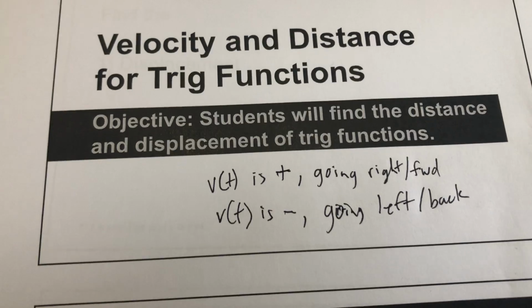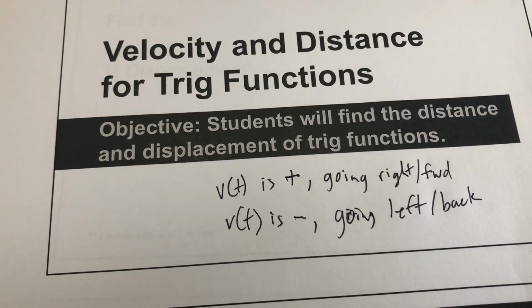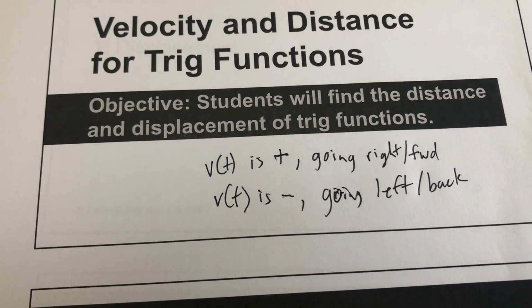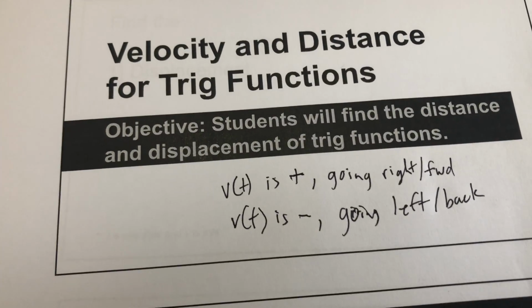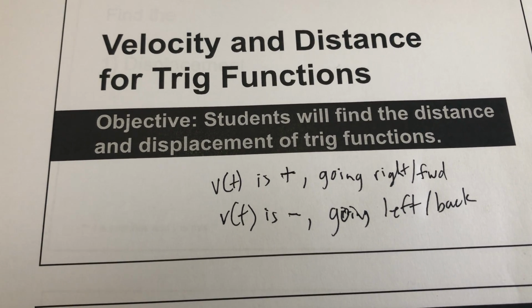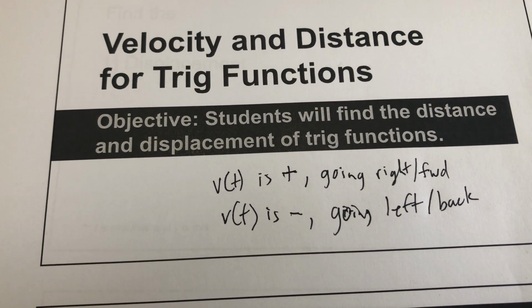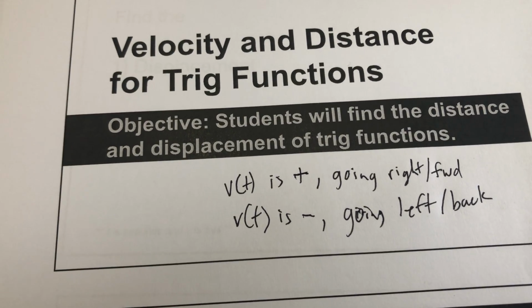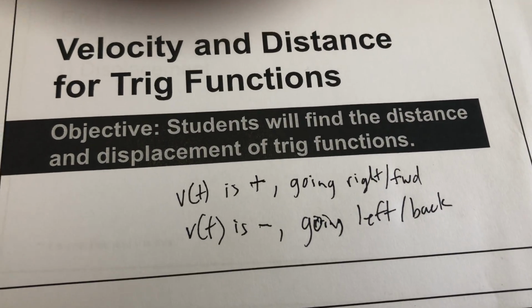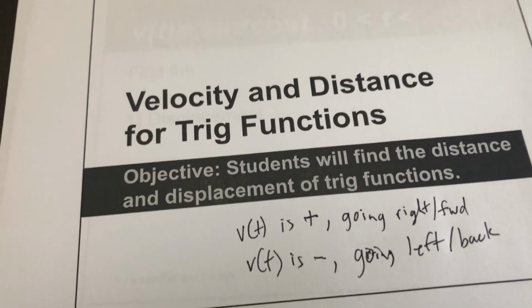Okay, and the way we tell that is if it's below or above the x-axis. So if the graph's above the x-axis, it's positive and going forward. If the graph is negative or below the x-axis, we know it's going left or backwards. And along with that, if it's actually on the x-axis, we know that the object is stopped at that point.